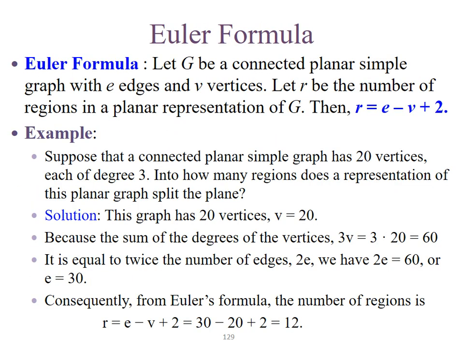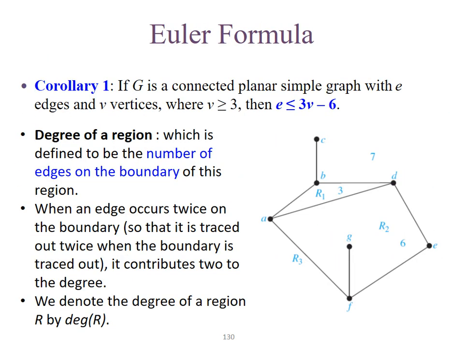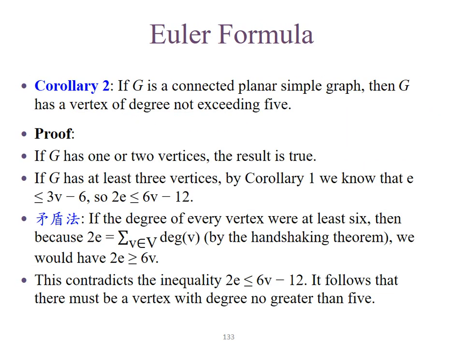Corollary 1 tells us that if G is a connected simple planar graph with V larger than or equal to 3, we have this inequality. So next, we consider when we have at least 3 vertices, and how we apply this inequality.